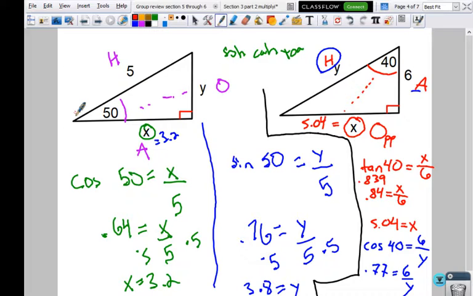Since y is on the bottom, I can't just divide it by 6. So I am going to make it into a proportion. If I have 0.77 and then I go over 1, that's still 0.77, right? But it's a fraction. If I have a fraction that equals a fraction, how would I solve for that y?